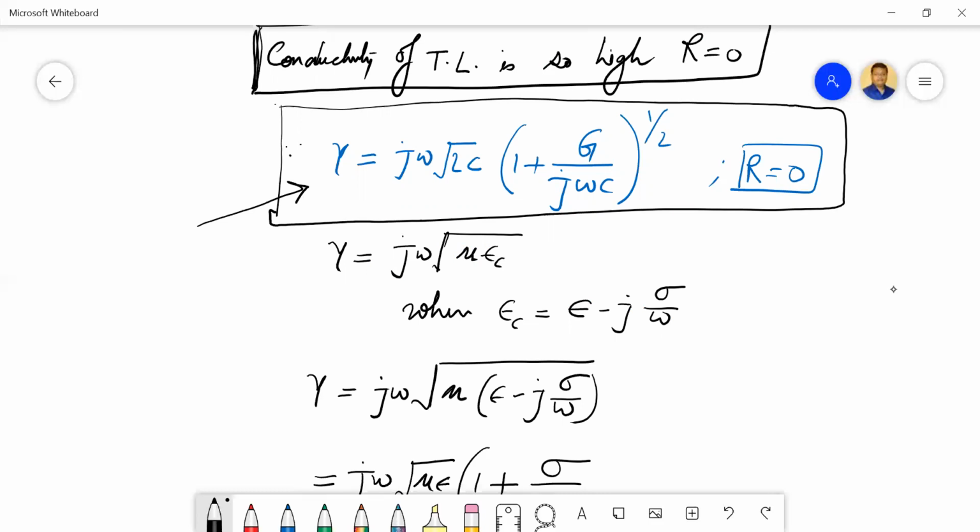Now here, the transmission lines we are going to learn are the two-wire transmission line and the coaxial transmission line. In electromagnetics, in your UG time, I believe you already derived these lumped parameters.